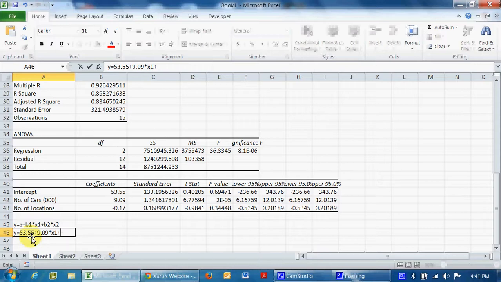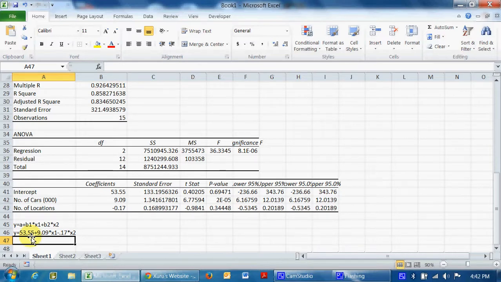So since it's a negative, I'm going to go ahead and change that plus sign to a minus, 0.17 times X2, I should say.